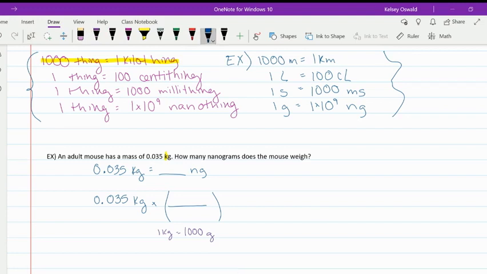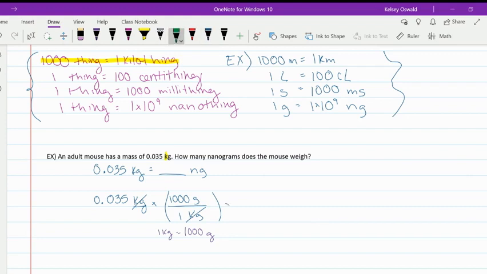If I want kilo to cancel out, and I have it on top, I need it on the bottom of my conversion factor. So I'm going to write this as for every 1,000 grams, we have 1 kilogram. Now we have kilograms on top, kilograms on bottom, they cancel out.